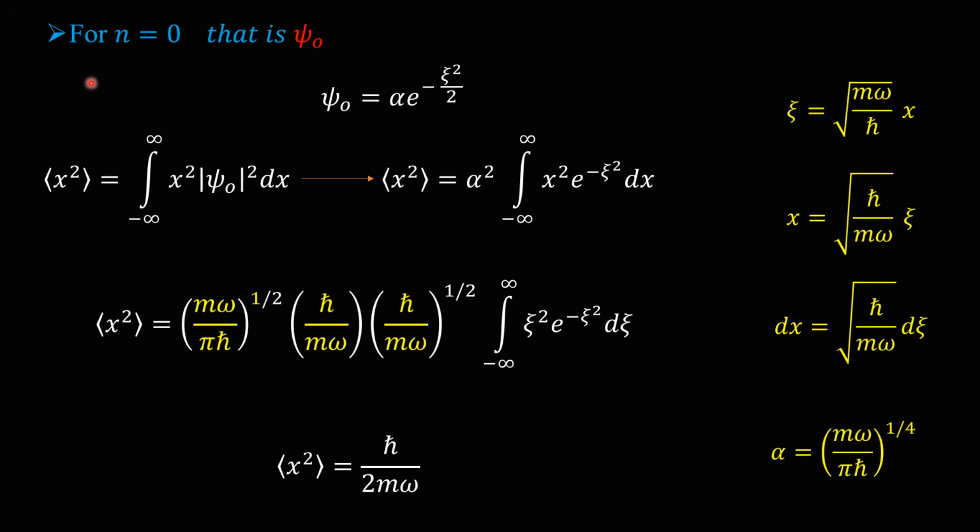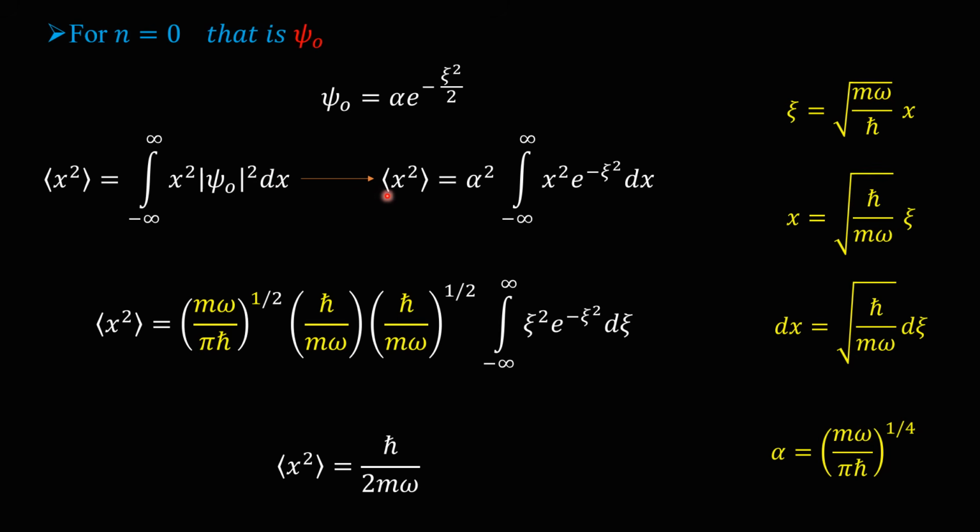Now we have to find the expectation value of x squared. First we will find it for n equal to 0, that is, for the wave function psi 0, which as given in the problem is alpha e to the power minus z squared over 2. By definition, the expectation value of x squared is the integral from minus infinity to plus infinity of x squared times modulus psi 0 squared dx.